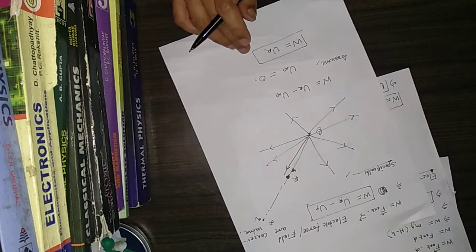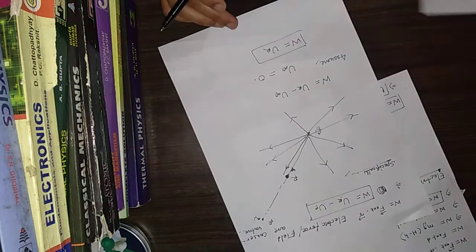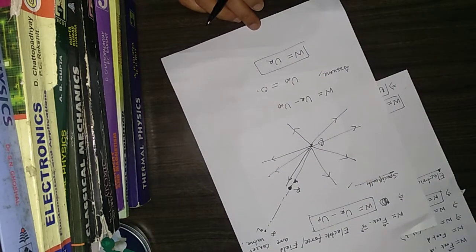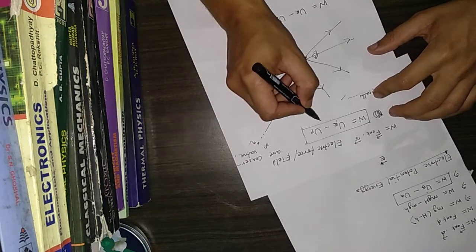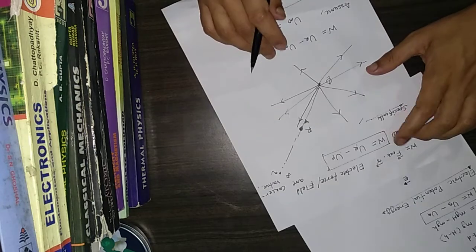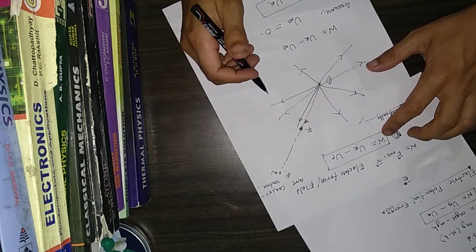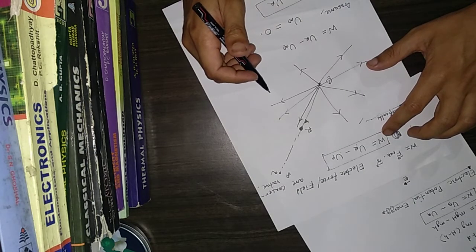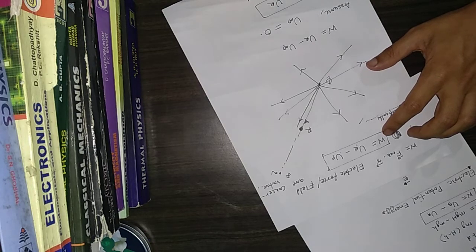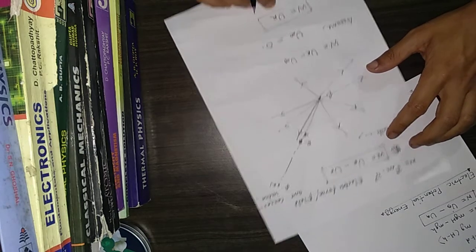So there will be two definitions of work here. The first definition is the potential energy difference, and this is the potential energy at any point.